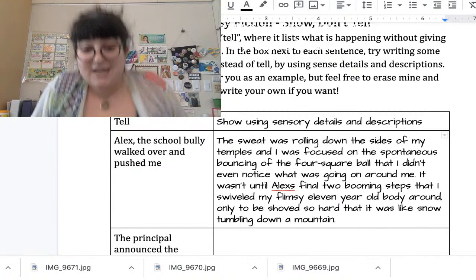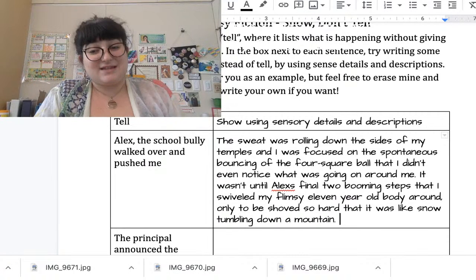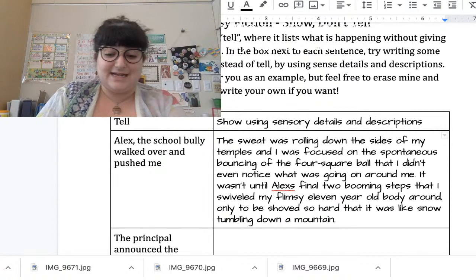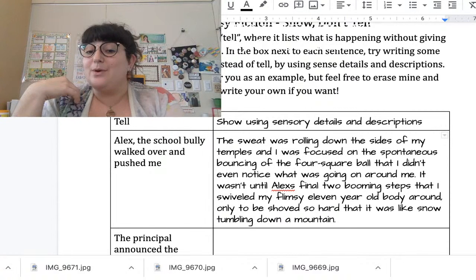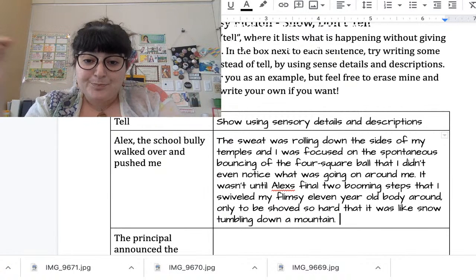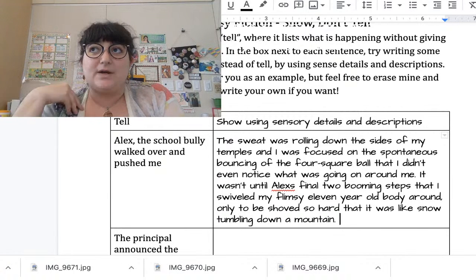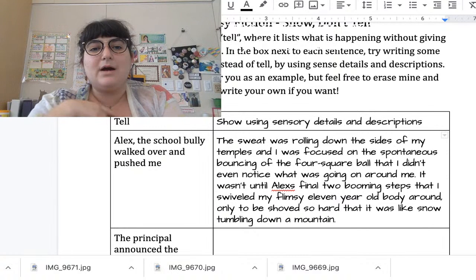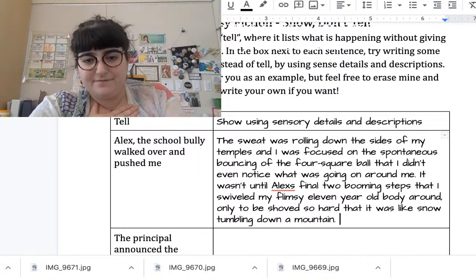However, I did get into a shoving argument with somebody when I was in 6th grade that I'm not super proud of, but it was because I was standing up to a bully that had said some mean things to my friend. And so, really when I'm thinking about my own experiences, I want to think about what was my sensory experience of this.